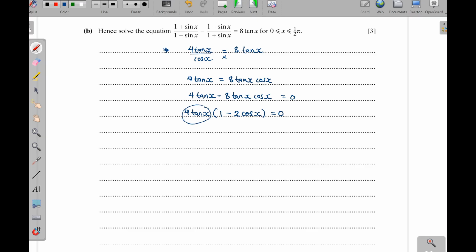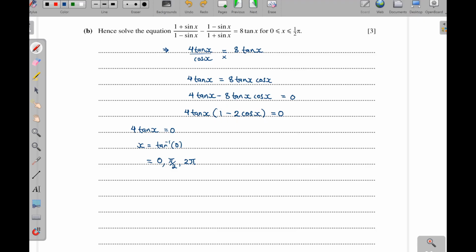Now you can get this one here, 4 tan x, you equate it to 0. That means x is going to be equal to the arctan of 0. And the arctan of 0 can be 0, can be 180, it can be 360.